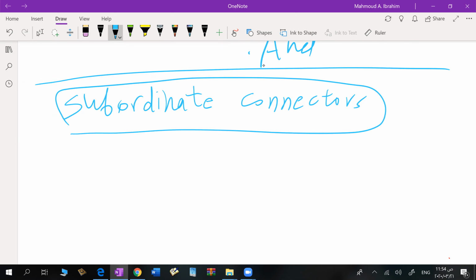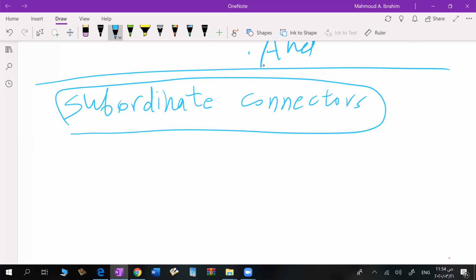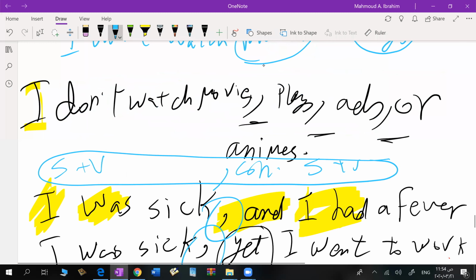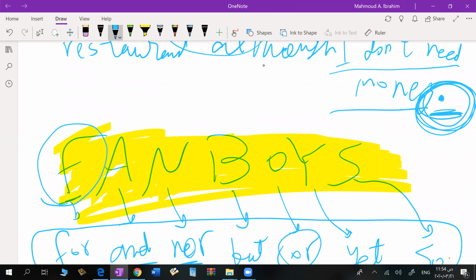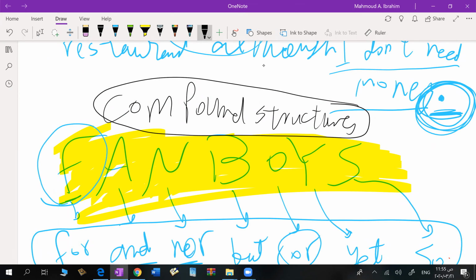They can also be called adverbs of time, place, or cause. One thing before we move on, there is just a little piece of information. It's not very important, but you need to know it: sentences with fanboys are called compound structures.